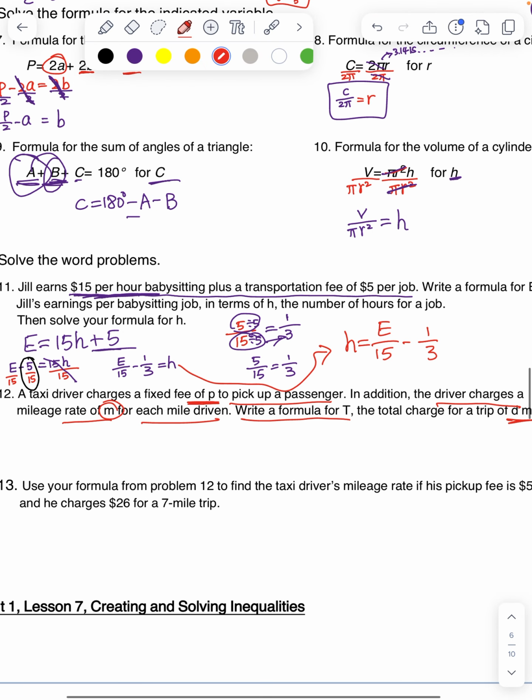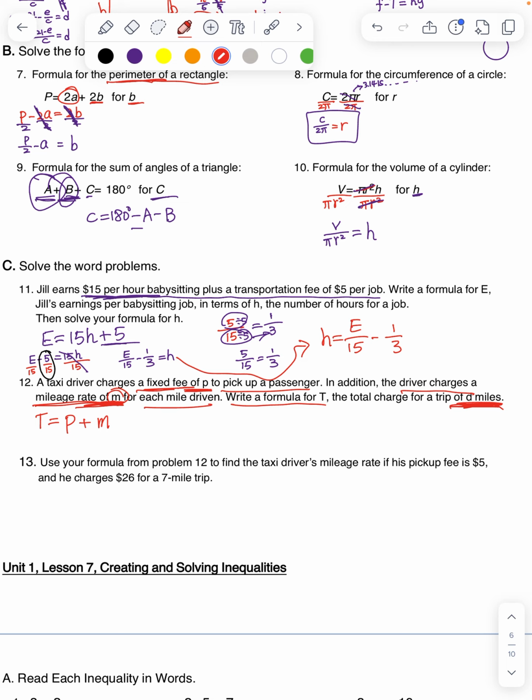So the total charge is going to be T, total, equal to a fixed fee, that means the one-time thing, P, plus mileage rate times D miles, yeah. Mileage rate means how much it's going to cost for every mile they drive you, right? And then you need to multiply by the distance. How many miles? Yeah, so this is the formula.